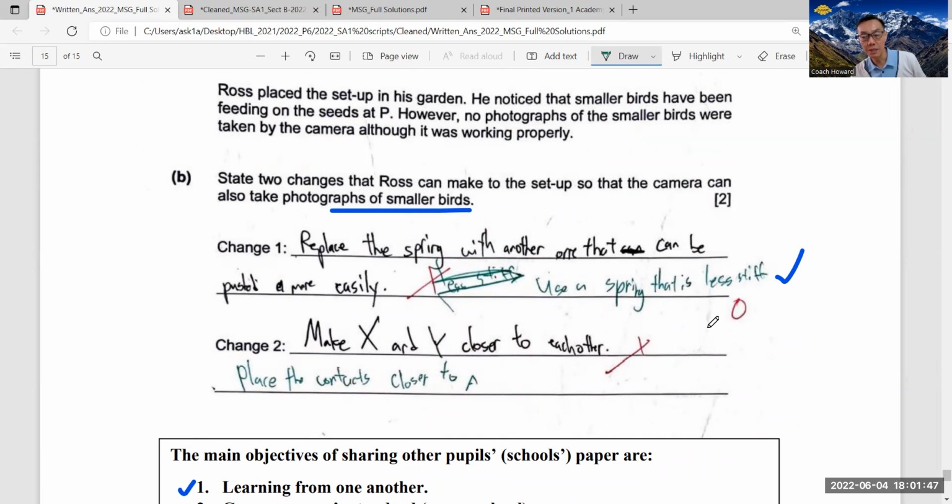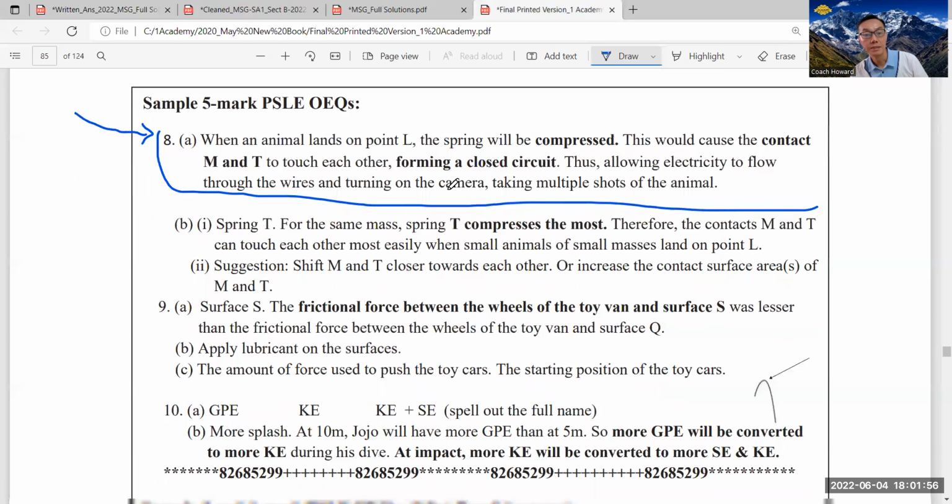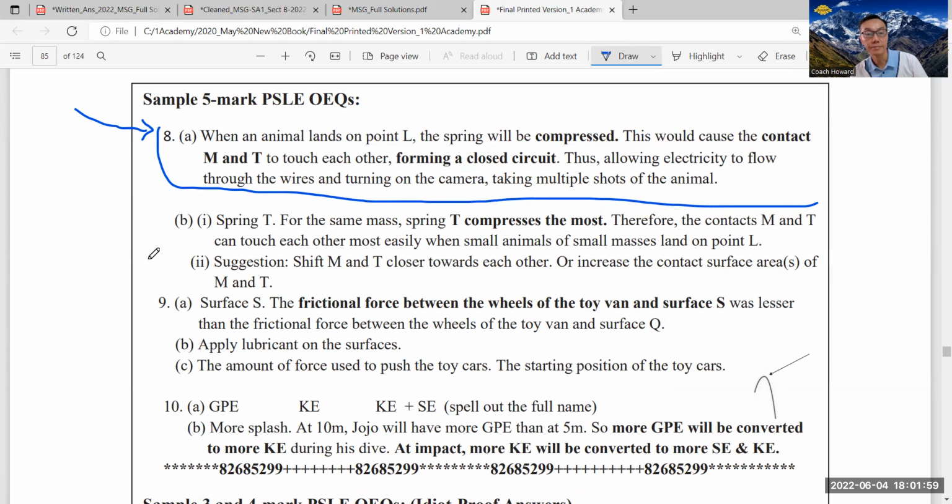So number one, you can use a spring that's less stiff, or you can put the contact closer to A. So in my solution, I can say shift the two contacts, X and Y, closer to each other, or I can increase the surface area of the 2 contact points. So these are the possible answers. I have a screen save already, and then I'll send the solution to you.